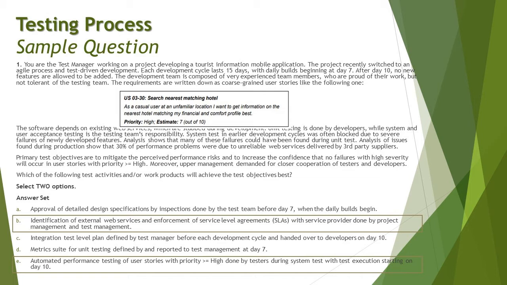Then of course you can start on day 10 itself, because unit testing are done by developers. So that can be very well done between 7 to 10. Day 7 and day 10, you can do that unit testing, of course. So these are the two relevant options which you will be picking up based on the scenario. You can very well look into the other options which you see or thought that what could be, and you will get to know that why these options will not be the right answer.